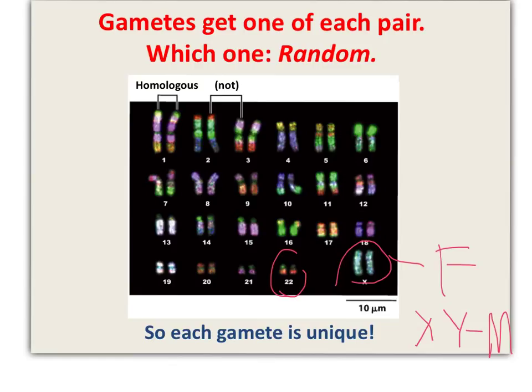Okay, so each gamete is unique in the sense that it either came from the individual's mother or father, but there was also crossing over. In other words, there was also shuffling of genes from one part of the mother's chromosome to the father's and back and forth. Okay.